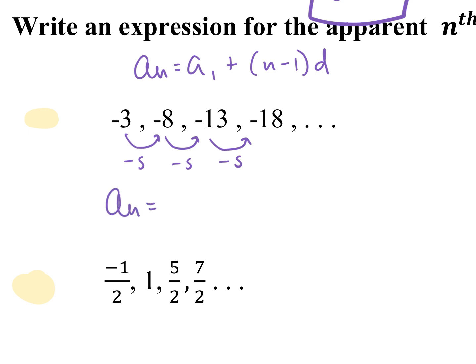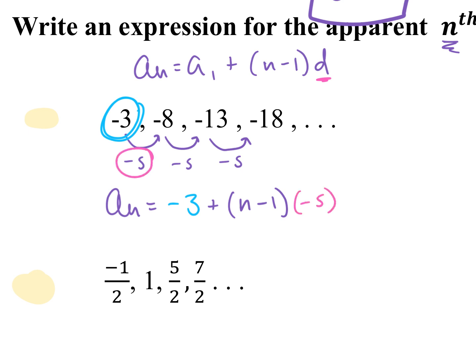So a sub n is equal to, what's a sub 1? Negative 3. Awesome. That is our first term that's given there. Negative 3 plus n minus 1. We're just coming up with the general nth formula for it, so we don't have anything that we're plugging into n. And what is our d? Negative 5. That's our common difference, which is negative 5.